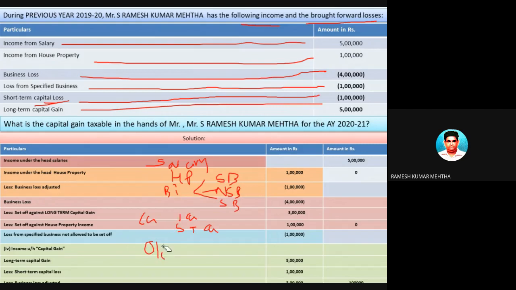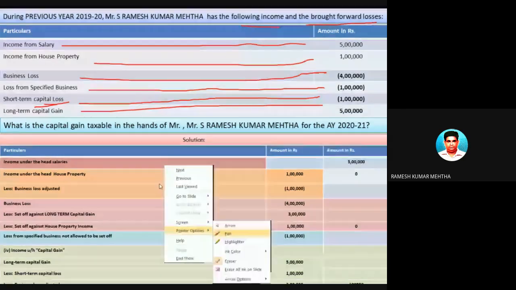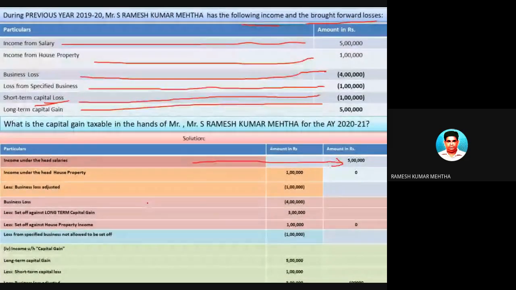That's the procedure we'll follow. Let's solve the problem. Income under the head salary is 5 lakh rupees. Income under the head house property is 1 lakh rupees. So we have shown these two as incomes.